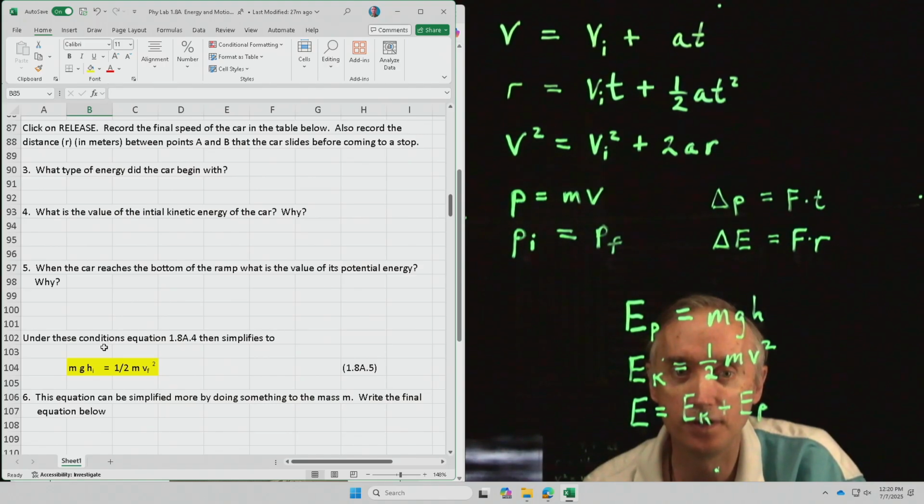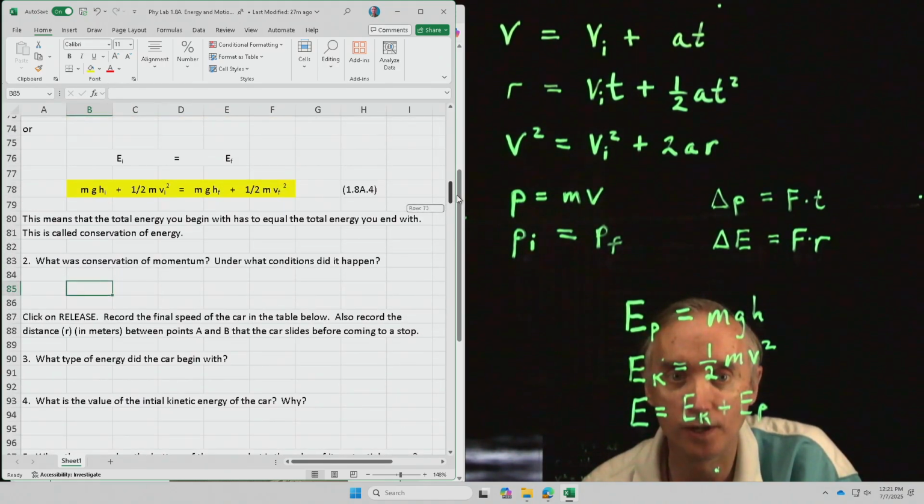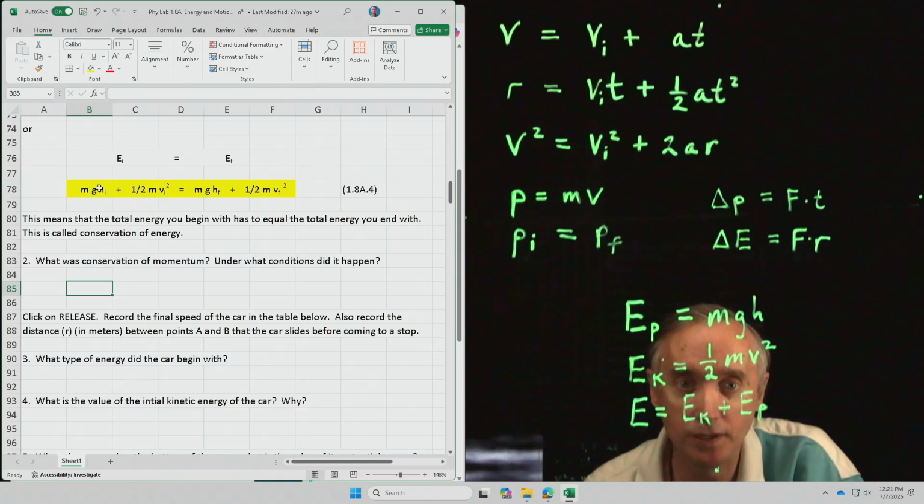And then under these conditions, so let's go back to this equation, this is still going to be there because it was released from a certain height, but this is not. Okay, so that's going to be a 0. And then this one's going to be a 0, but you still have this one over here.